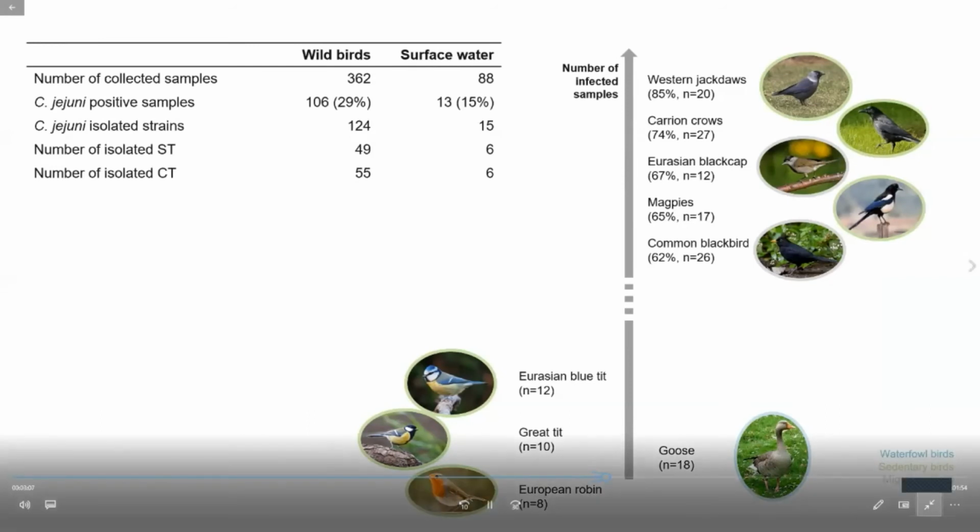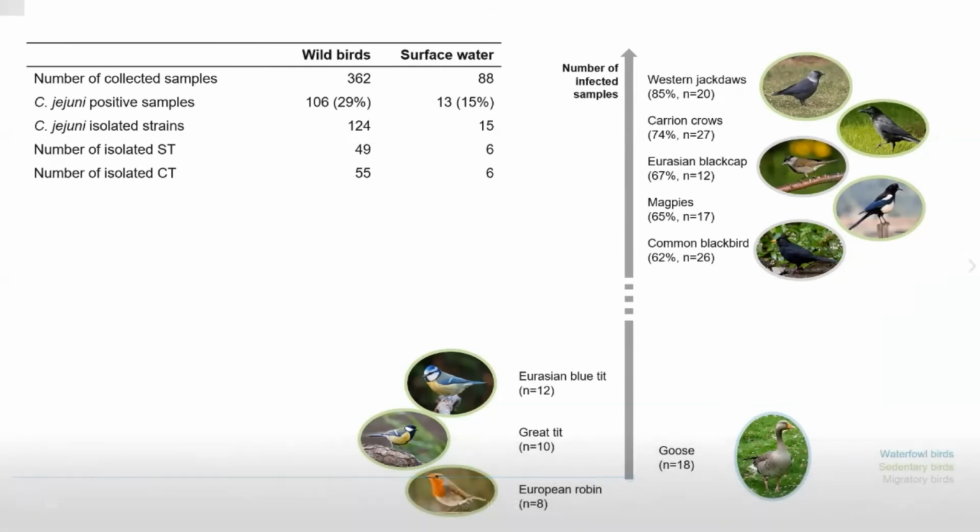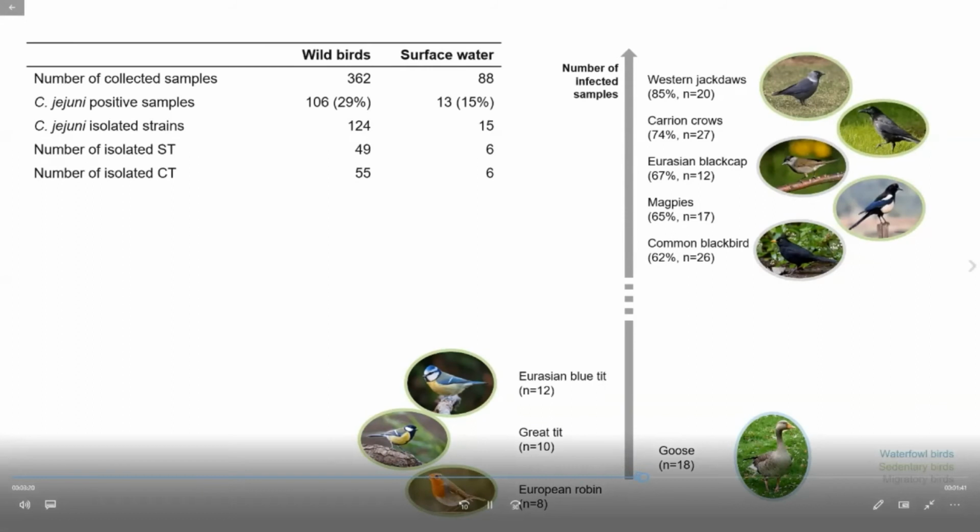On the other side, no Campylobacter has been found in Eurasian blue tits, great tits, European robins, or geese. The 124 Campylobacter jejuni strains isolated from wild birds were assigned to 49 sequence types and 55 core genome MLST types or complex types.